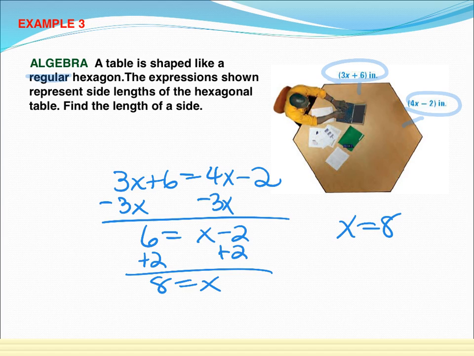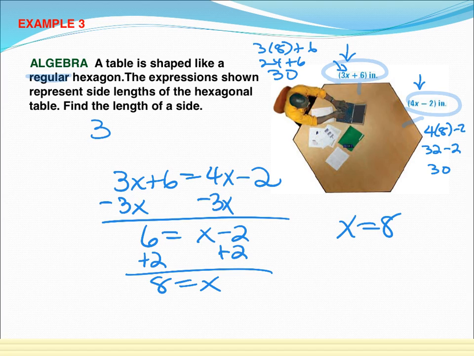So to find the length of the side, I'm going to plug in 8 for x in either one. It doesn't matter. So if I plug it in here, 4 times 8 minus 2 gives me 32 minus 2, and it's 30. If I plug it in right here, 3 times 8 plus 6, 24 plus 6, and notice either way, I get 30 for the length of my side.